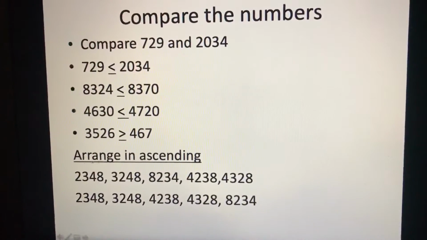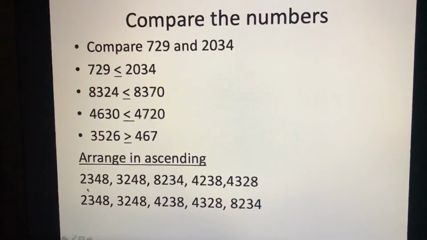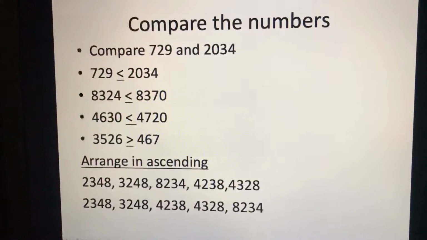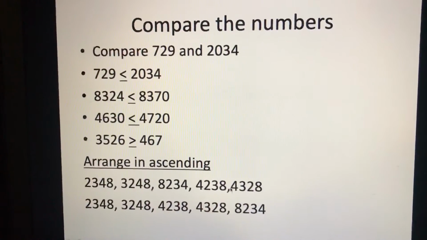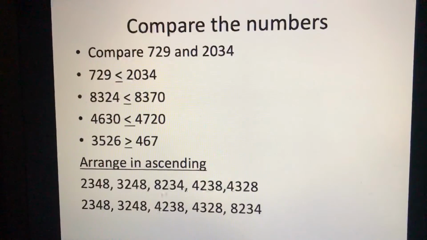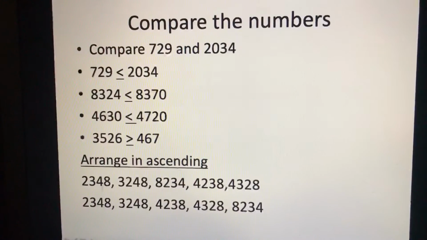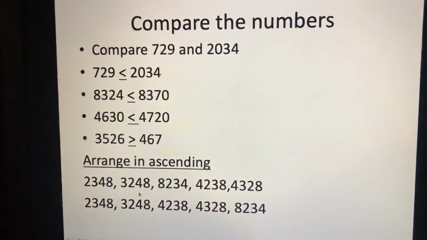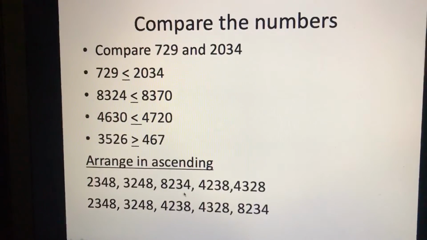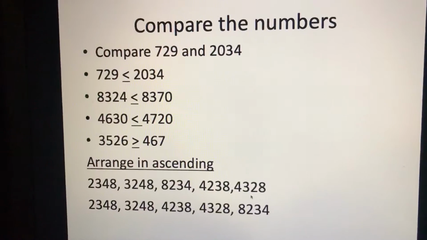Next is arrange the numbers in ascending order. In ascending order we write first the smallest number, next second smallest, next third smallest, and last is the greatest number. So what is the smallest in these four-digit numbers? 2348, 3248, 8234, 4238, 4328.